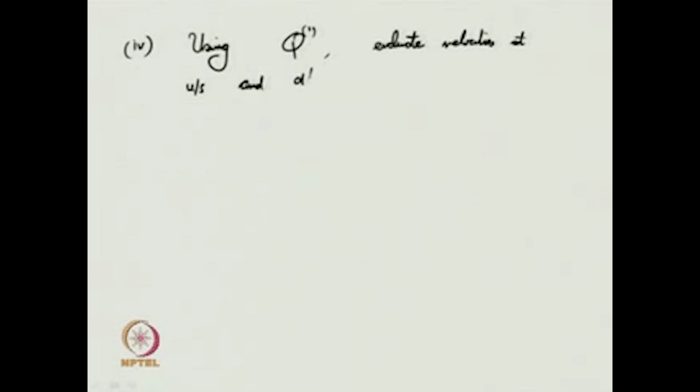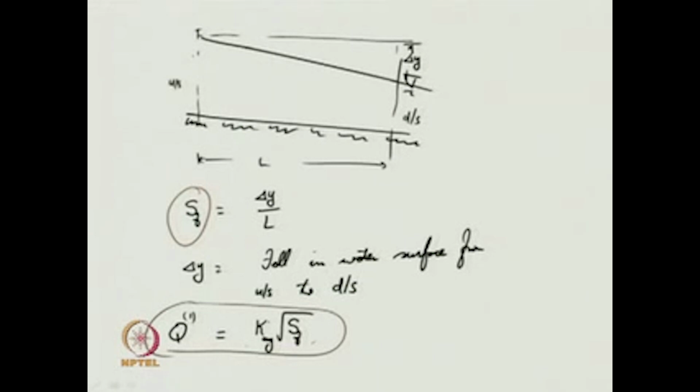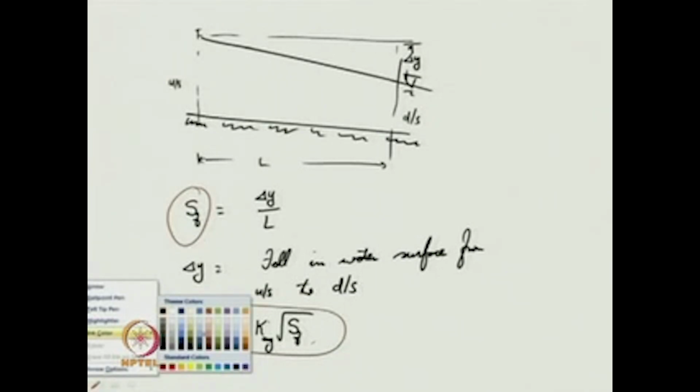So, the fourth step is, using the first approximation of discharge, evaluate velocities at upstream and downstream, as shown in the figure here. How will you compute them? You know the formula for that.